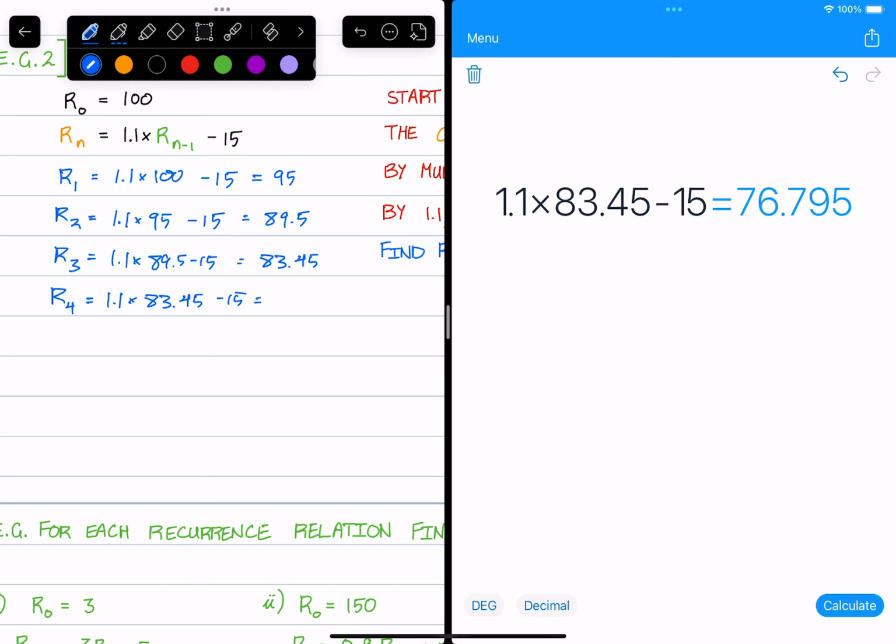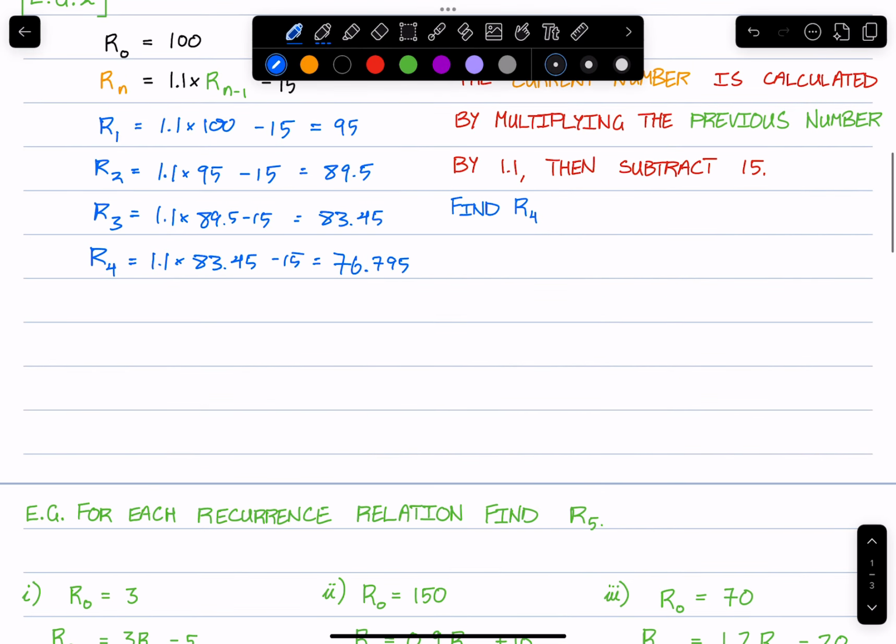This gives us 76.795. So for this demonstration, we can now say that R4, the fourth repetition of this recurrence relation, is equal to 76.795.